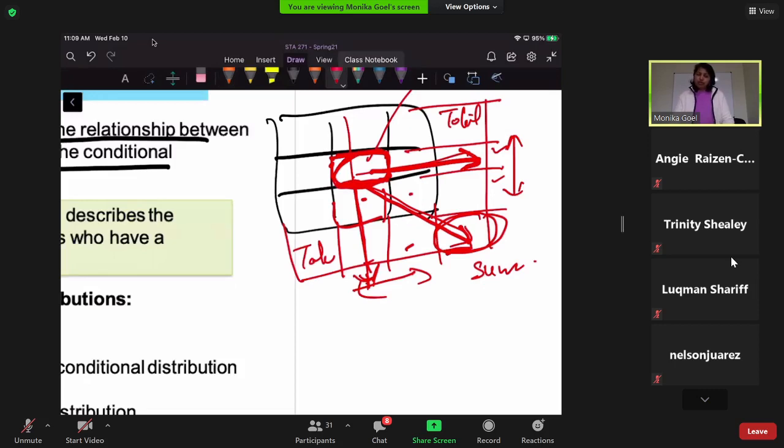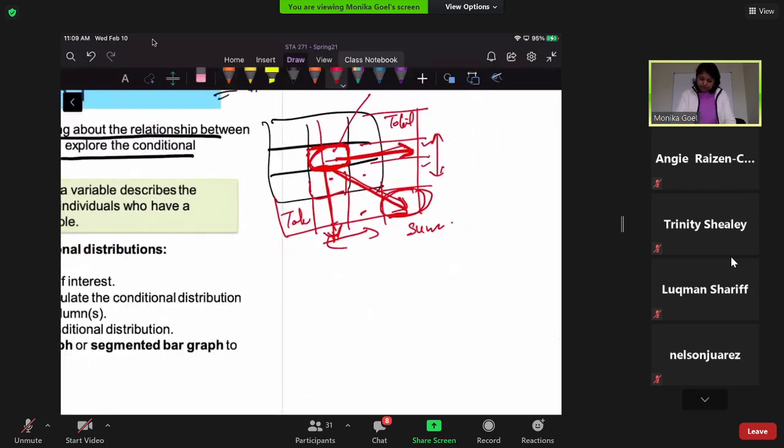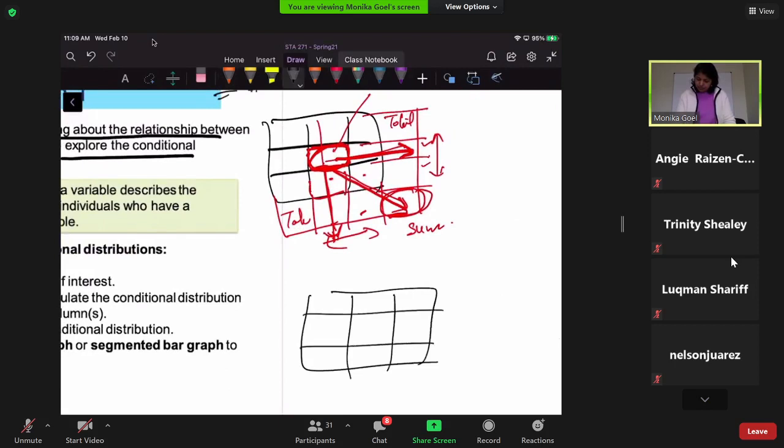So in your marginal distribution, let me just draw marginal distribution here also. And this is your total, and then this is your sum total.